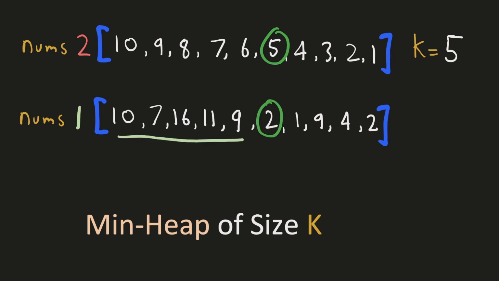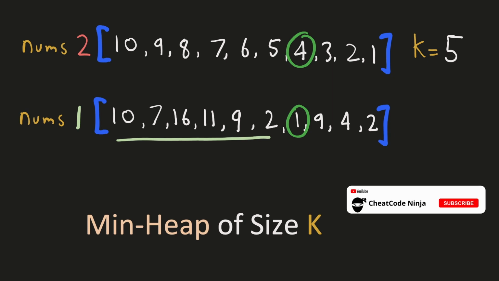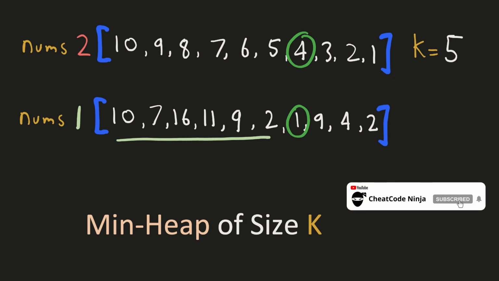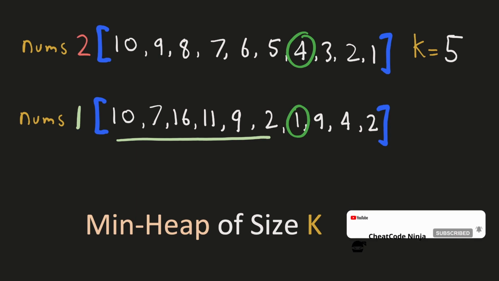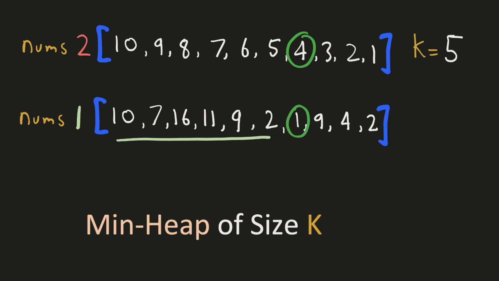And out of these 5 elements in the heap, we'll pop the minimum element from it. So now it will store the largest 4 elements. We'll calculate our score and then we'll add 2 to our heap to make it of size 5. Similarly, for our next minimum from the second subsequence, we'll pop the minimum from our heap to get the largest 4 elements. I think this will become much more clearer when we implement the code.